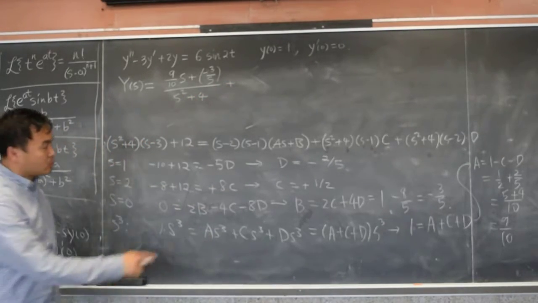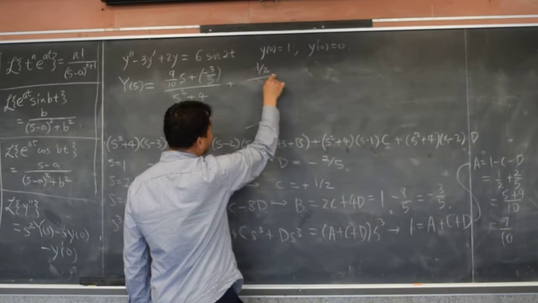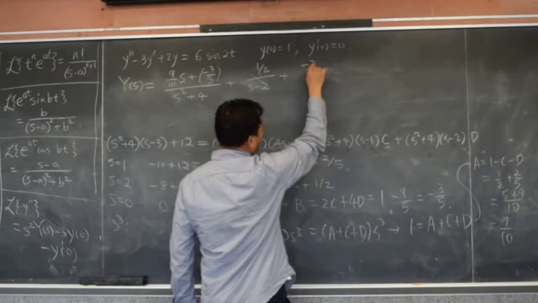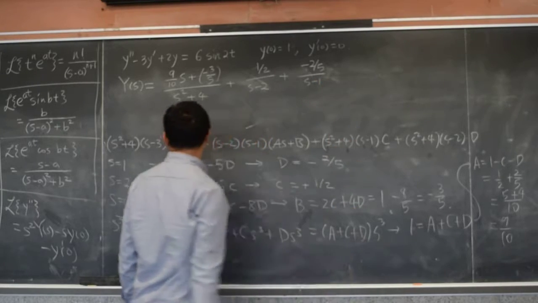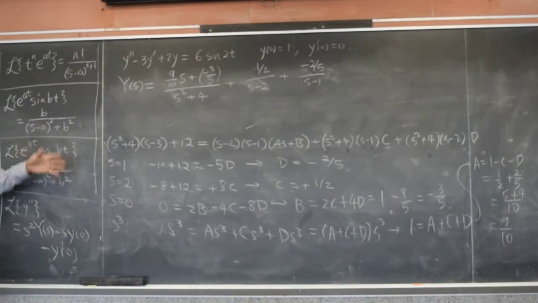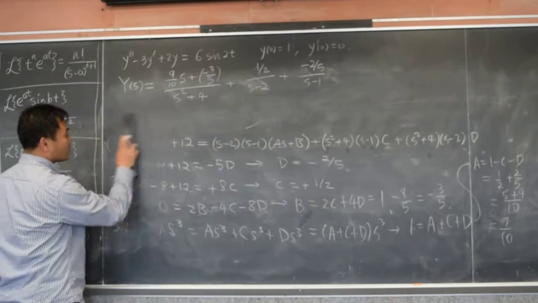Actually, yeah, plus c over s minus 2, c is 1/2, so it's 1/2 over s minus 2, plus negative 2/5 over s minus 1. That's what we figured out. And then we just have to reverse engineer these things that we have here to figure out what was the original y of t. Okay? So let's figure this out.